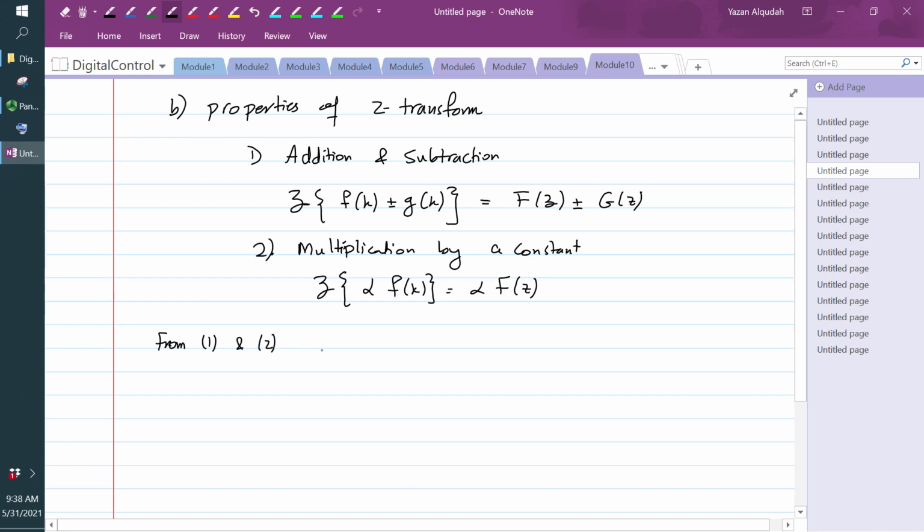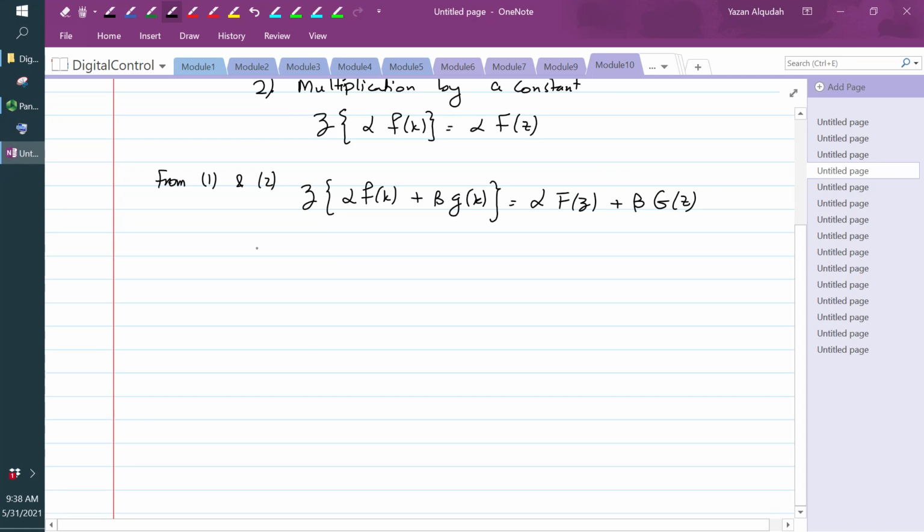We can write that the Z transform of alpha multiplied by f of k plus beta multiplied by g of k is equal to alpha multiplied by f of z plus beta multiplied by g of z. Okay.